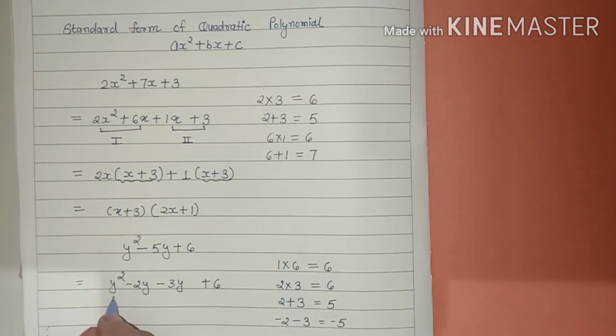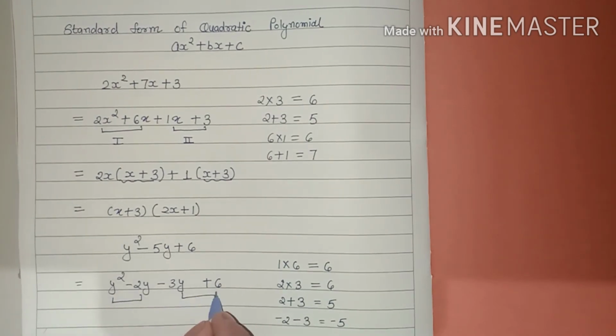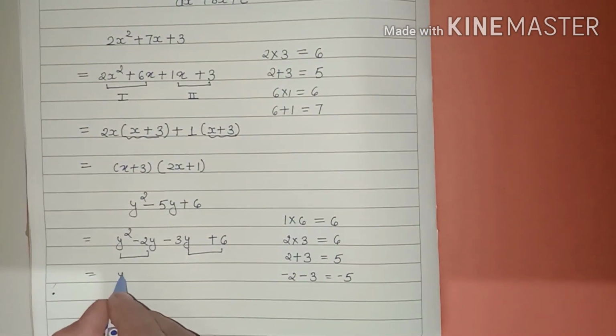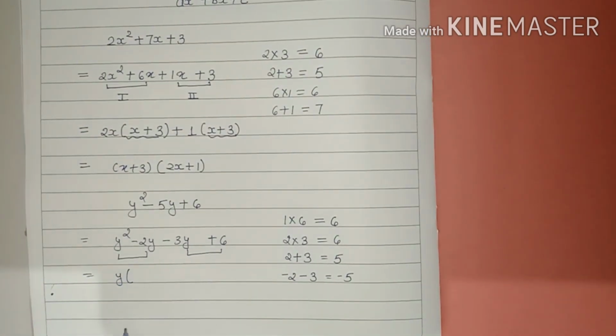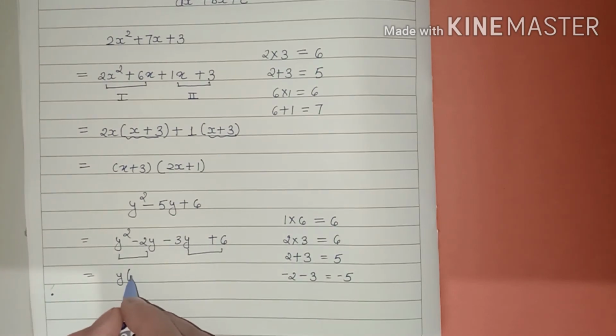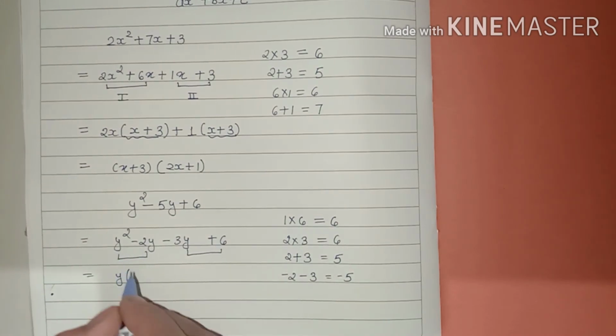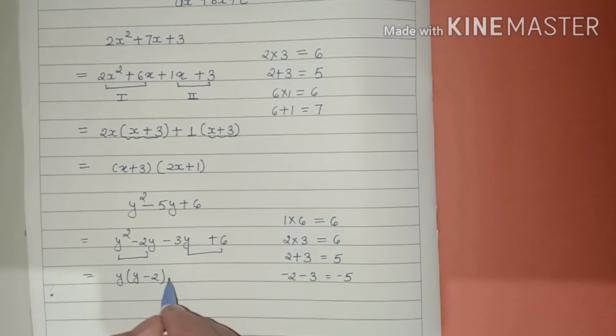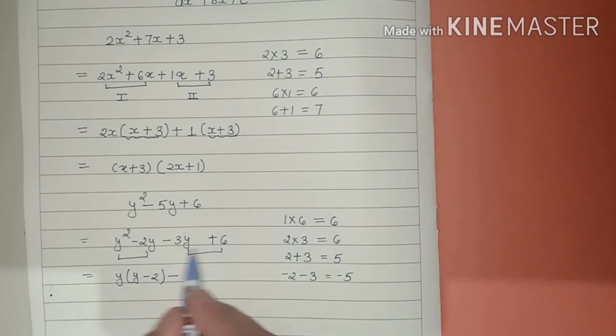In the next step, we will make groups of two terms. From the first group, we will take y as common. In the bracket, we will write the remaining terms, y minus 2, negative sign as it is. From minus 3y and plus 6, what can you take common?